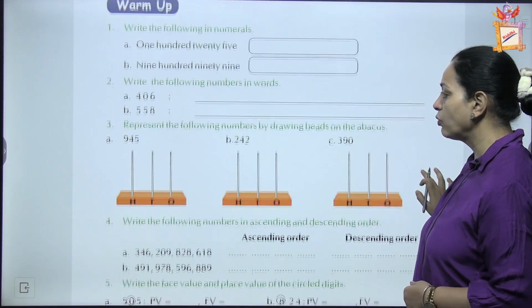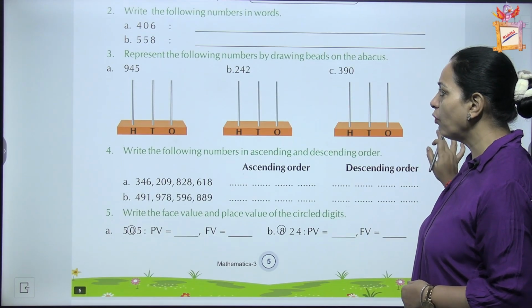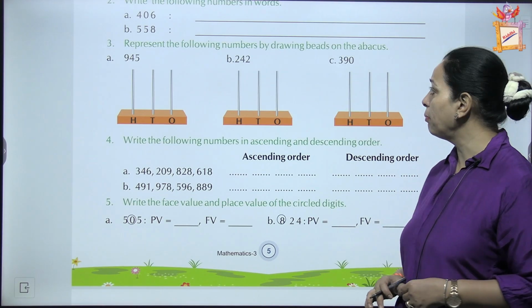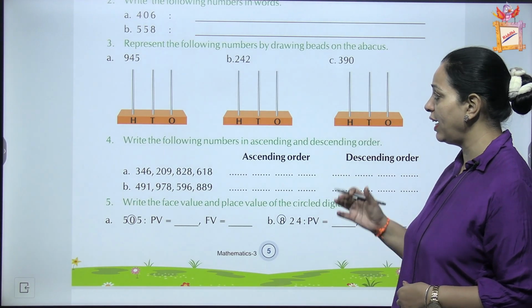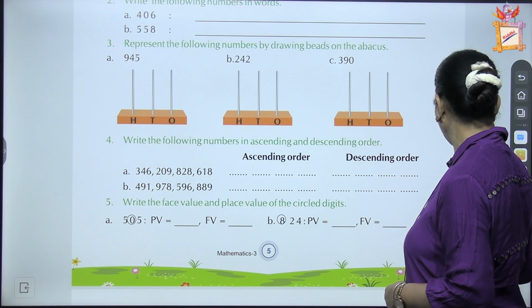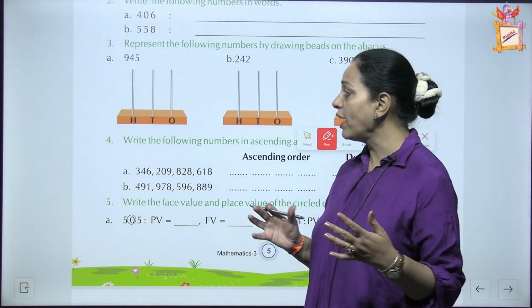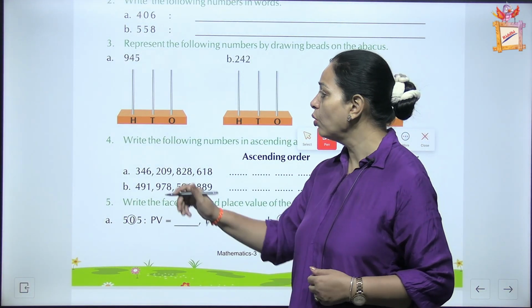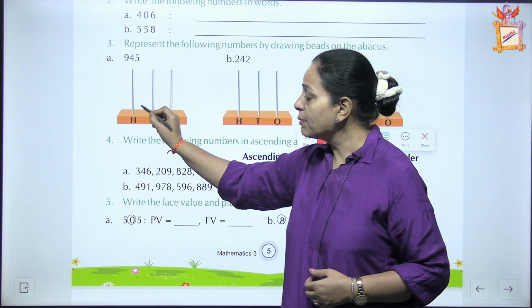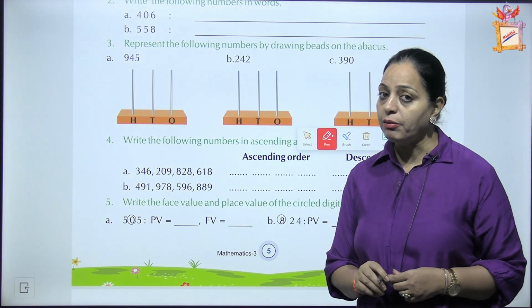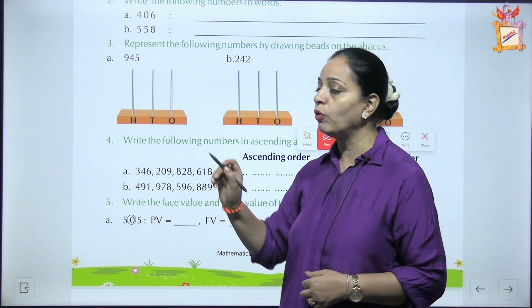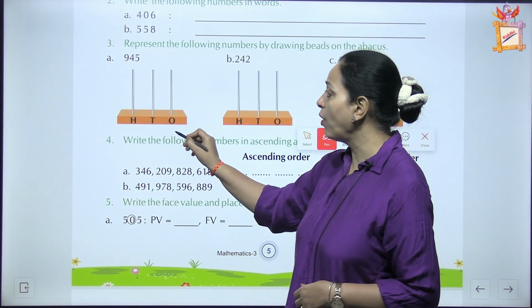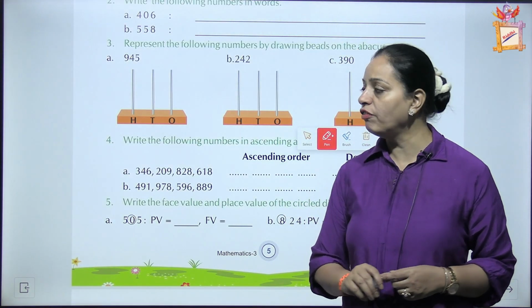Now the third one, represent the following numbers by drawing beads on the abacus. See, A part, 945. So my dear children, what will you do? In the 100 spike you will draw 9 beads, in the 10 spike you will draw 4 beads, and in the 1 spike you will draw 5 beads.